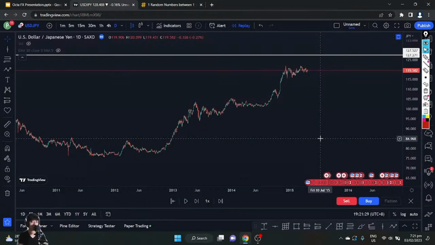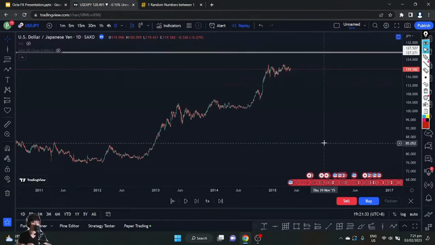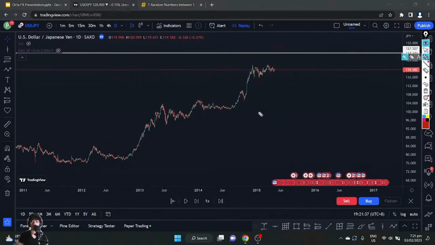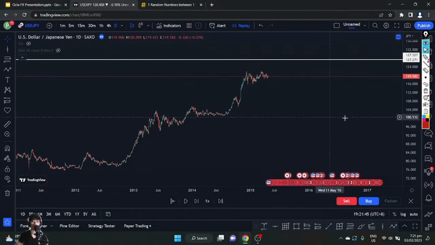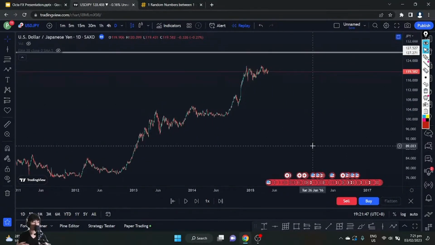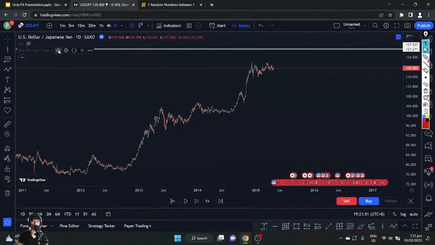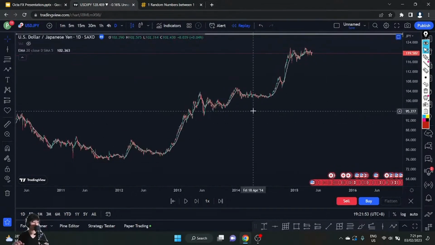So if you answered up, then you are right. So as we can see, simply by zooming out the chart, we can clearly see that the price is going up. All right, so that's how we can use the price action alone without any indicator. So if you are confused by it, what you can do is to combine the moving average and the zoom out method, or the zoom out strategy.